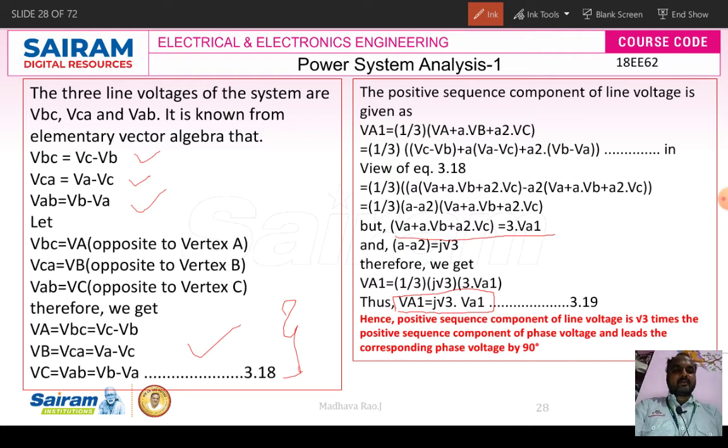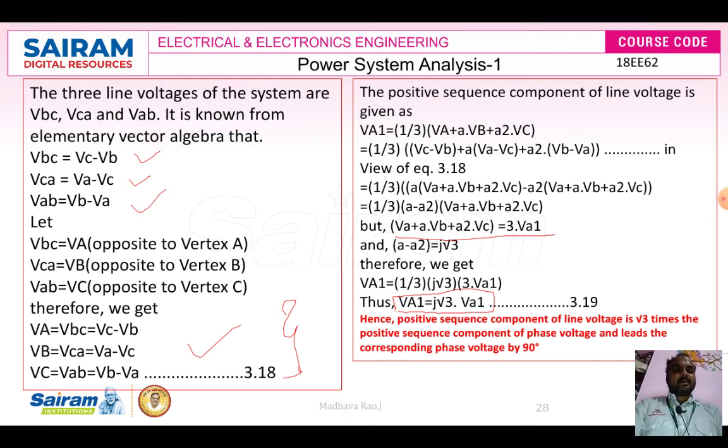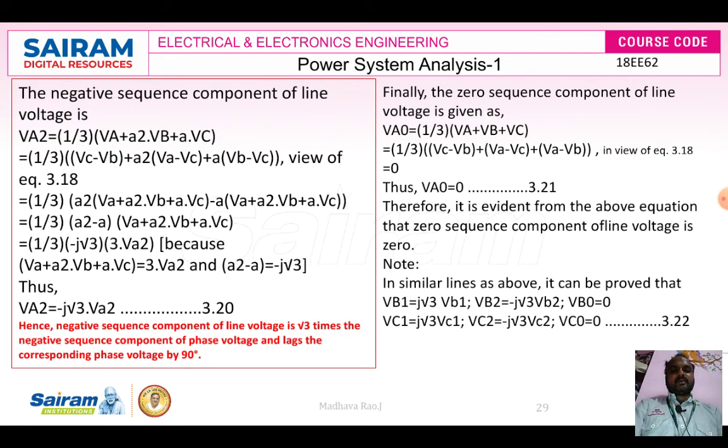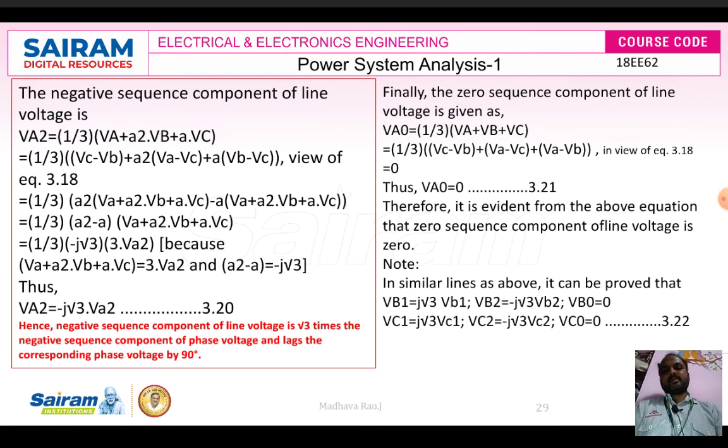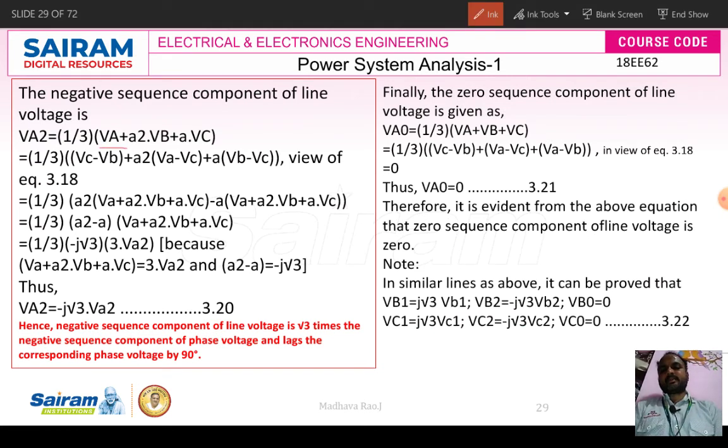Similarly we can find the negative sequence component of line voltage. VA2, with suffix 2, means negative sequence. The negative sequence component is 1 by 3 into VA plus A squared into VB plus A into VC, where VA, VB, VC are the phase voltages. We substitute and simplify.